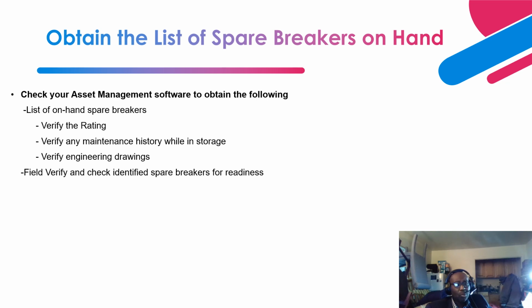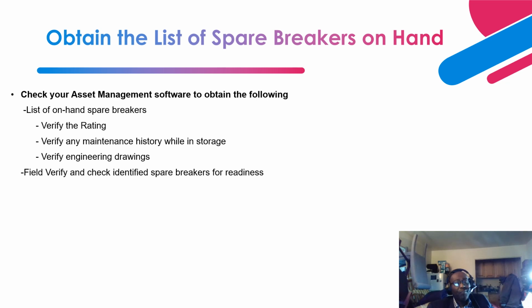So basically, what you want to do is get a list of the spare breakers you have, and you need to verify the rating, because first of all, you are getting the information from your asset management software. That information was entered by humans, and they can make mistakes.